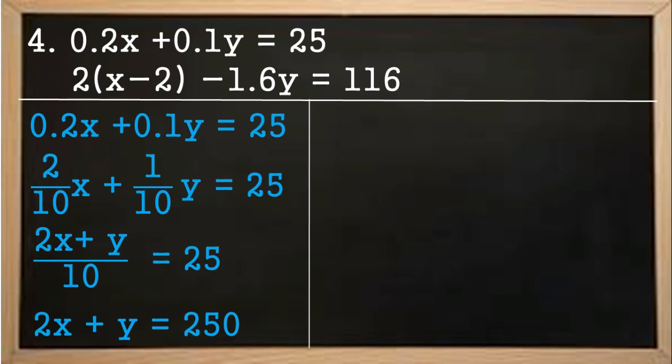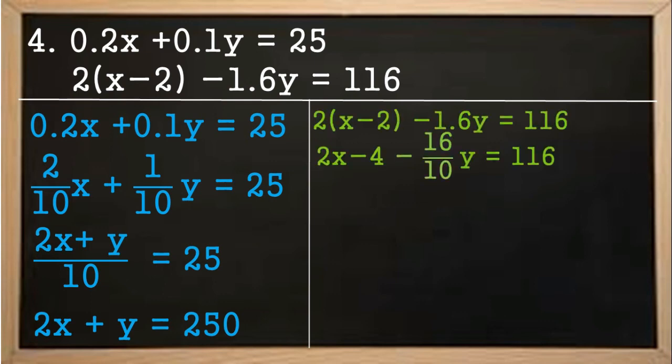It is given as 2 into (x minus 2) minus 1.6y is equal to 116. Let us remove the bracket first. 2 into x is 2x, minus 4, minus 16 by 10y is equal to 116. In this case, we have removed the bracket and the decimal is written in fractional form.